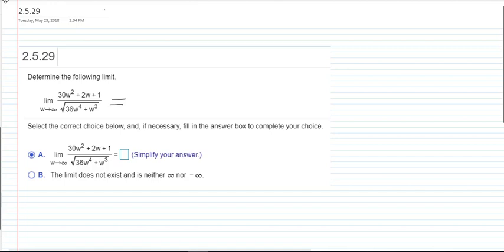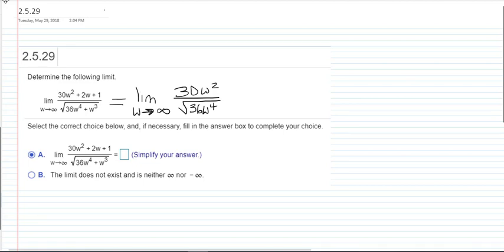So in this case, I know that the limit as w goes to infinity of this pretty nasty looking rational expression with a square root is going to be the same limit as a different function, the one that just has the highest power from the top, the term for the highest power in the top, and the term for the highest power in the bottom.